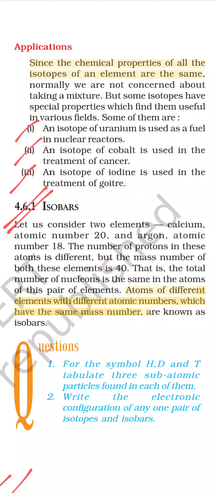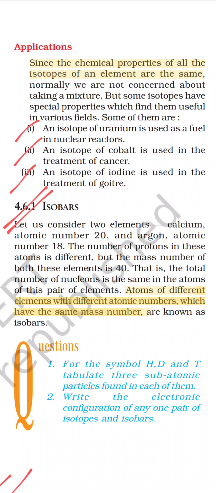Some of them are: first, an isotope of uranium is used as a fuel in nuclear reactors. Second, an isotope of cobalt is used in the treatment of cancer. Next, an isotope of iodine is used in the treatment of goiter.